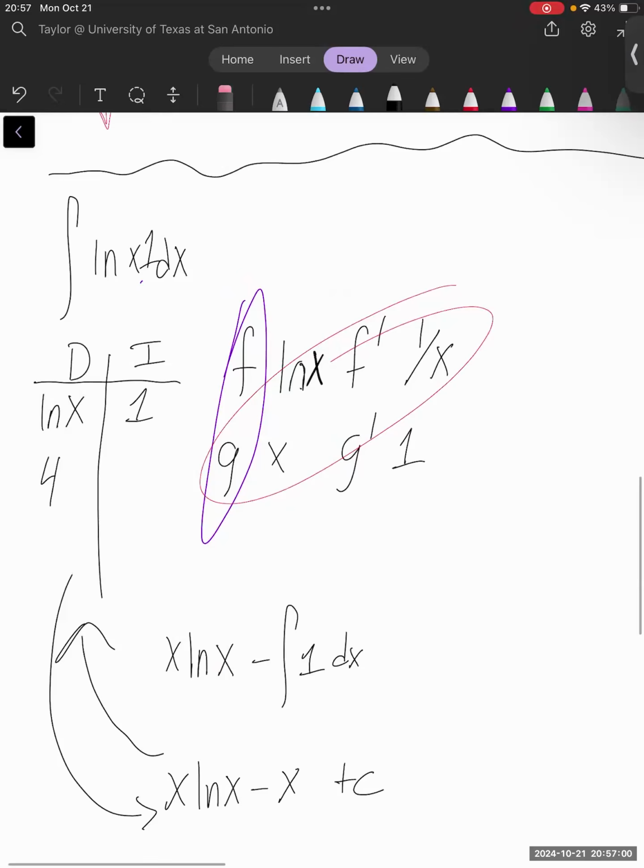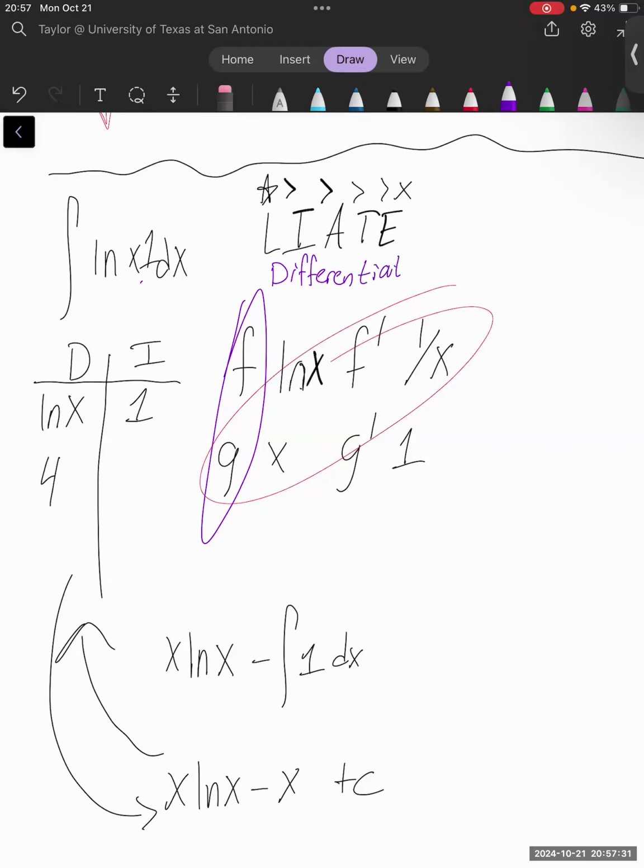But again, looking back at the acronym, the ATE, we know that the term that's going to be our derivative goes in this order, where this is the highest priority versus this one. For the differentiation term.